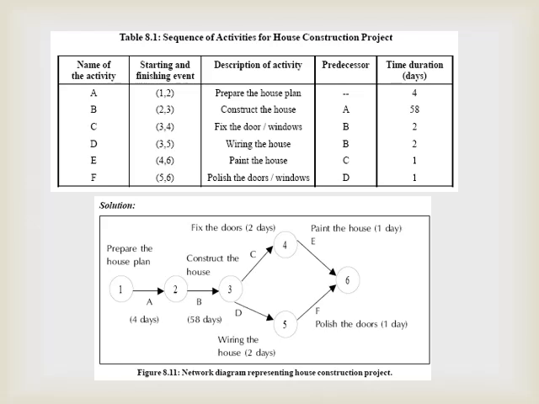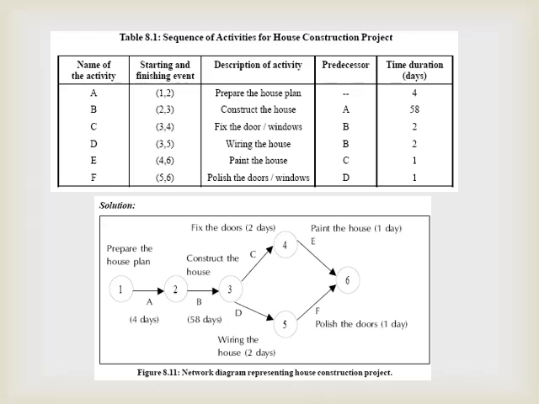Wiring the house, 2 days. Paint the house, 1 day, and polish the doors and windows is 1 day. The total is 68 days.